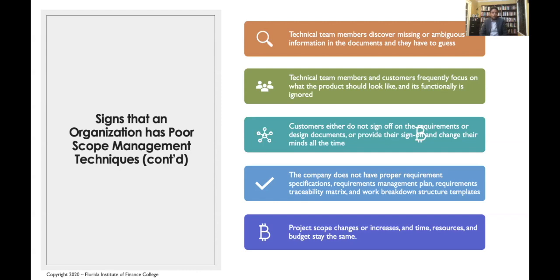So what we have discussed in the last 2 slides are 10 signs where you can sense the maturity of your project scope management practice within an organization. There are a couple of maturity level assessment procedures out here, not particularly for project scope management, but for project management as a whole.